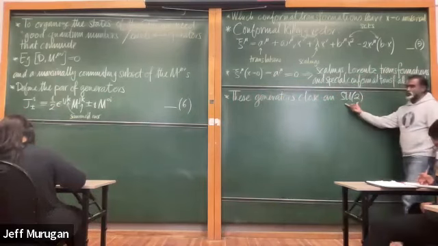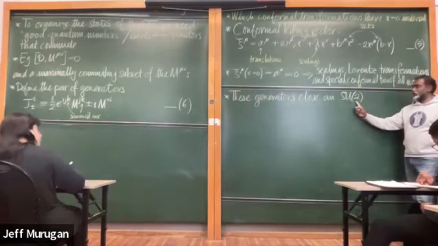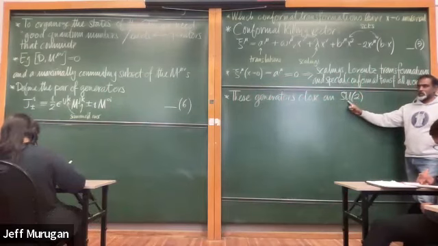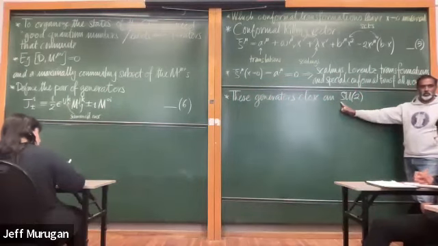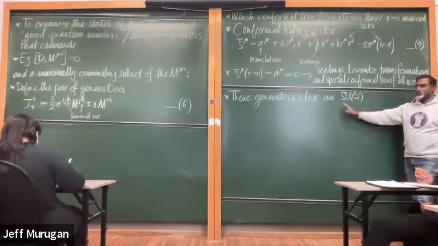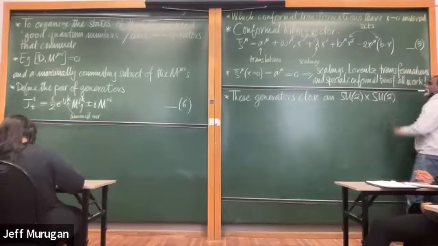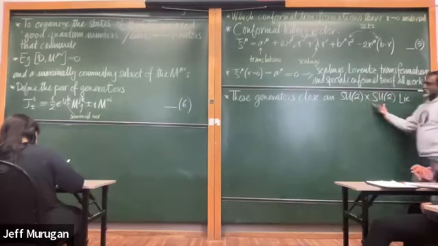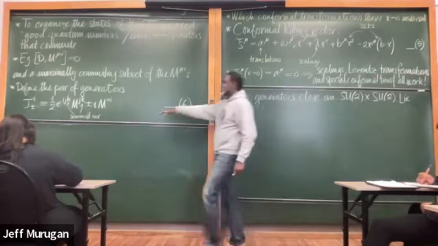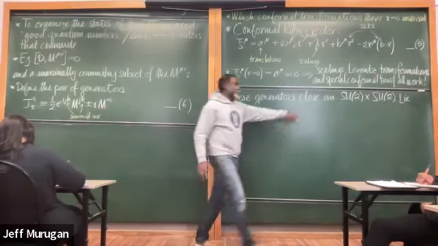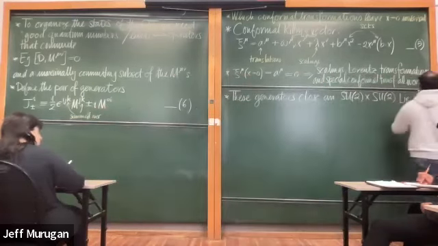Remember, SU(2) is a set of 2 by 2 unitary matrices with unit determinant. So the algebra that's satisfied by these J's is SU(2) cross SU(2).